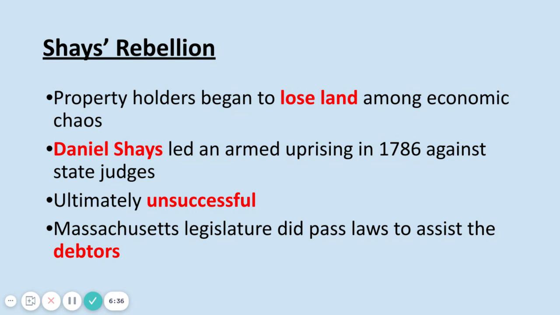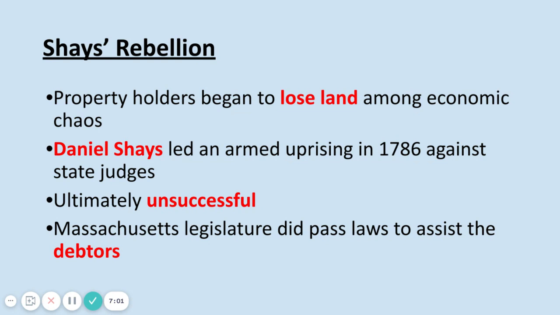Now, at the federal level, they're unable to really quash it. So this rebellion forces the people to take a look at the Articles, and there starts a growing demand to change the Articles or to replace them altogether.